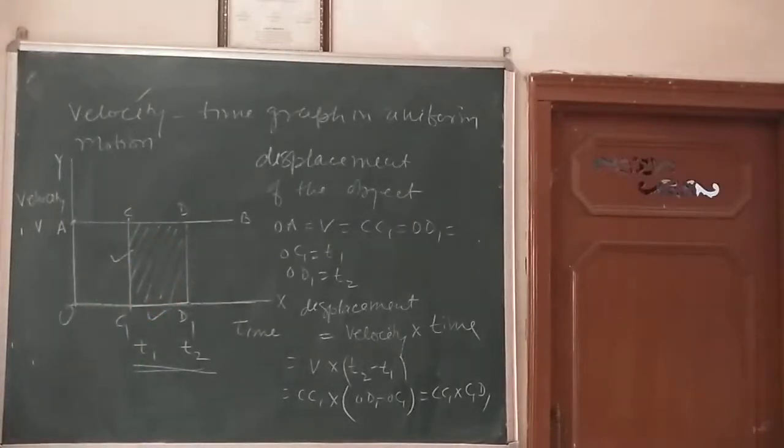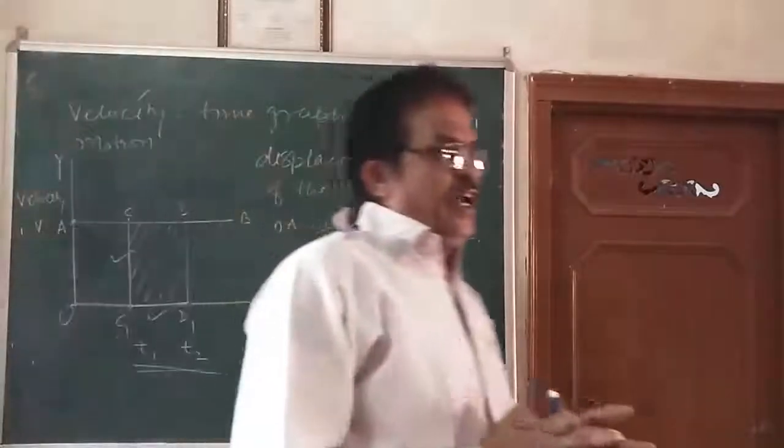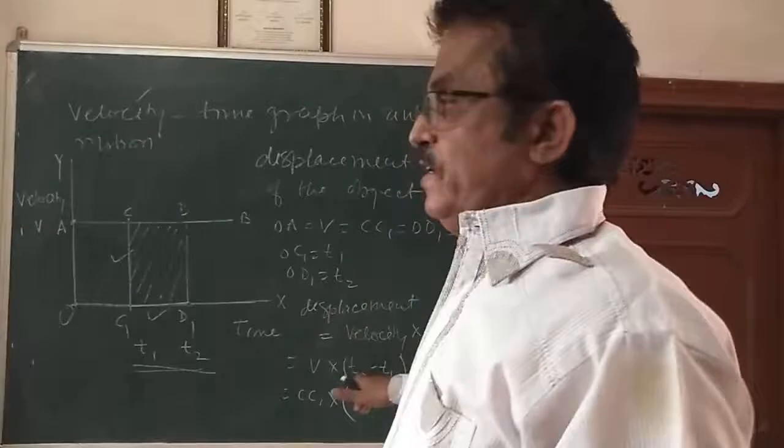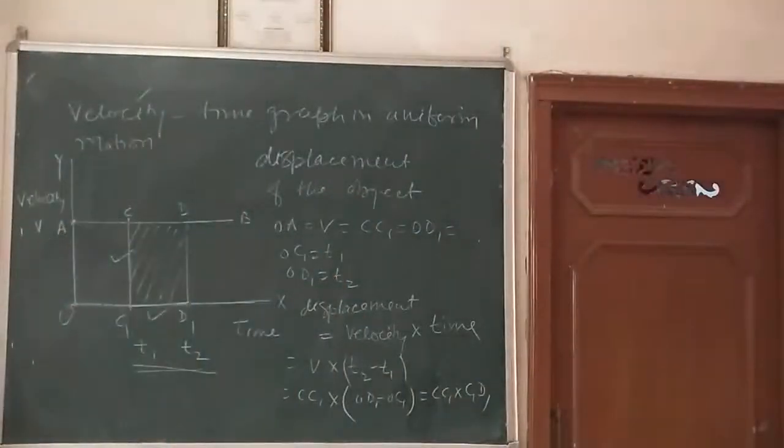Is that clear? So again I am repeating, area under the velocity time graph gives us displacement of the object. Okay? Write down.